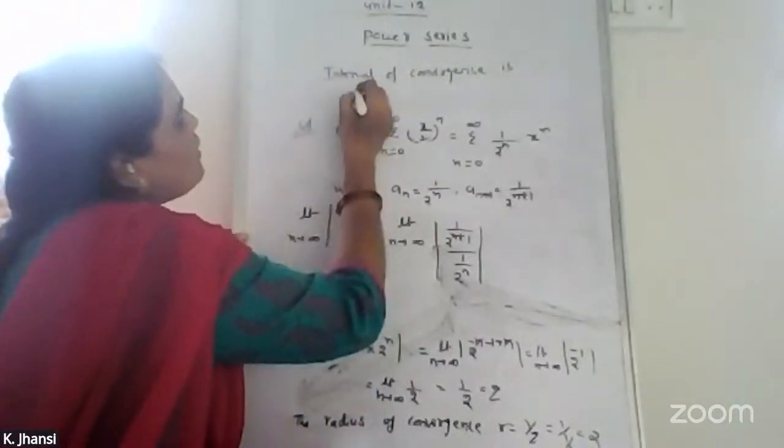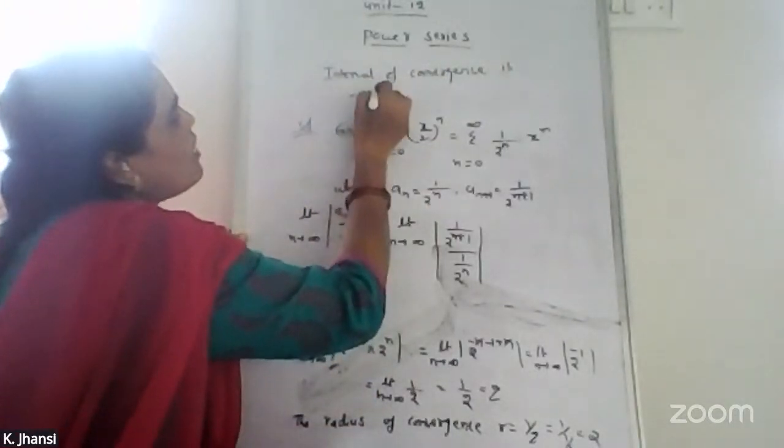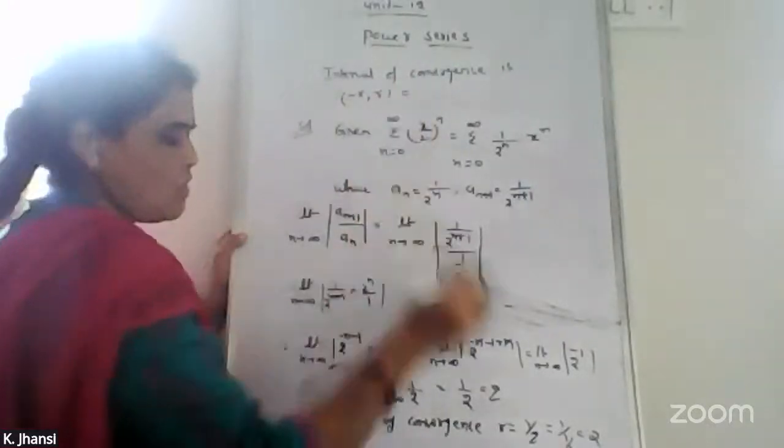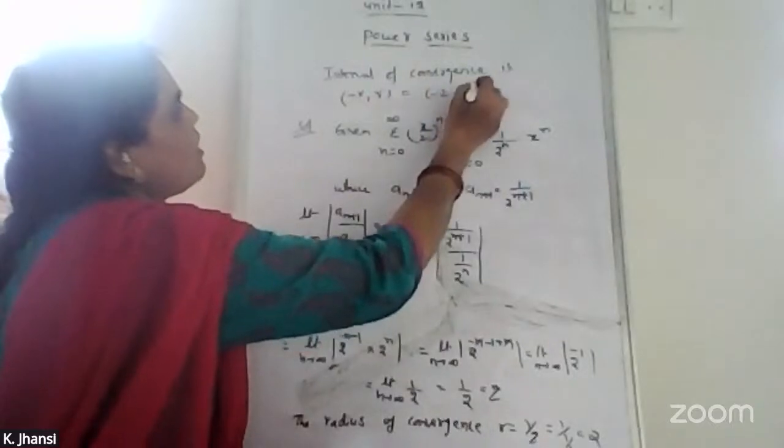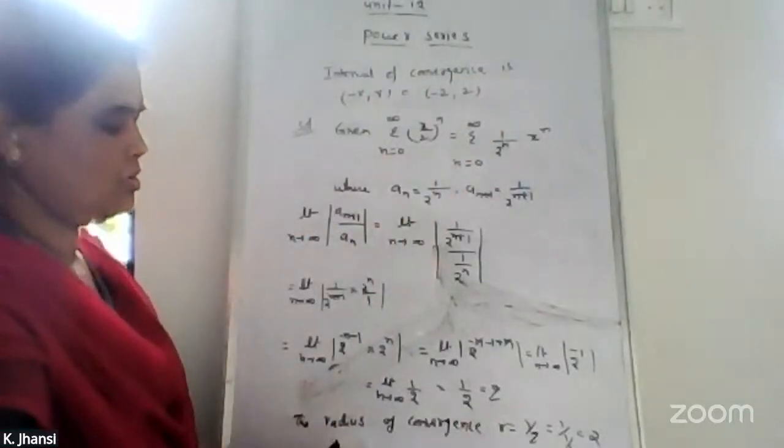So the interval of convergence is minus r comma r. What is our r value we got? It is 2. That is minus 2 comma 2.